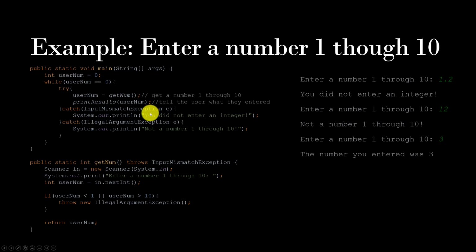Or if I enter 12, it's going to do that. And so it finishes this code, and it keeps trying again and again until it gets that integer, until user num is no longer 0. It changes when it's a value that it likes, where it's an int and in that range.